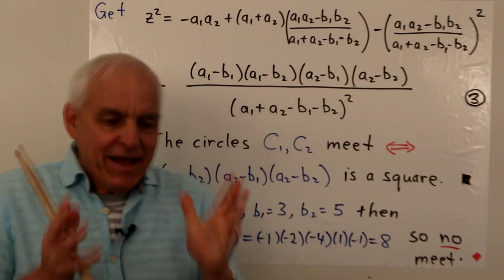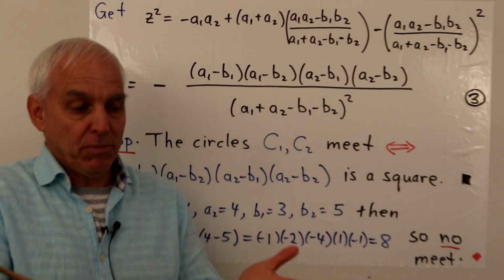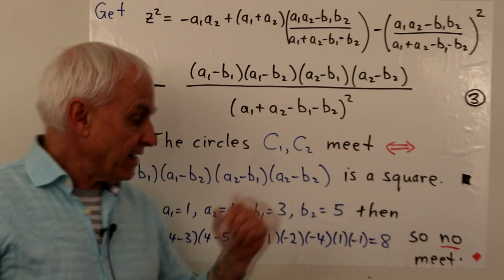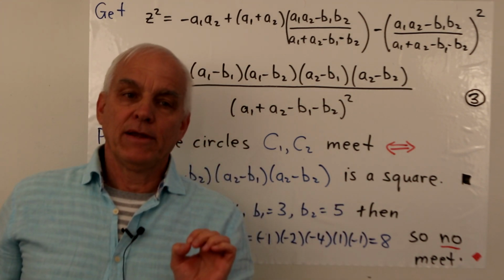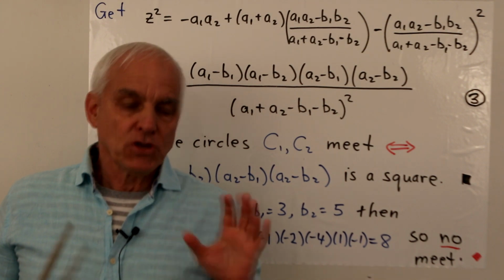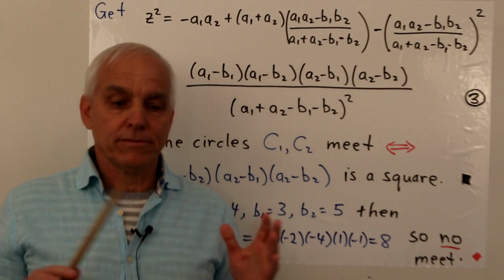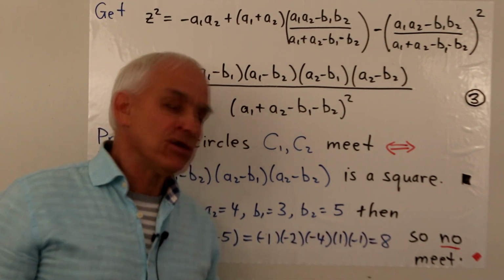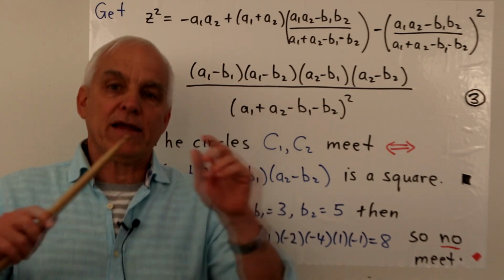At this point, the number theory intrudes in a very simple and obvious way. The question is, is 8 a square or not? Over the rational numbers, it is not. So if we're working over the rational numbers, which is usually my preferred arena, we can say that these two circles don't actually meet, even though they look like they do.